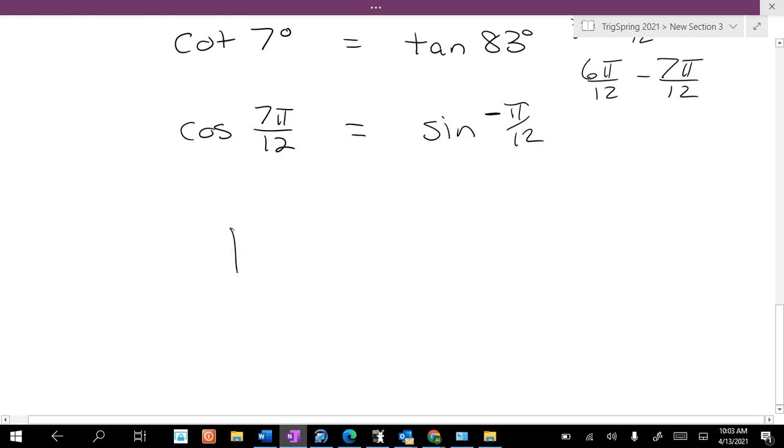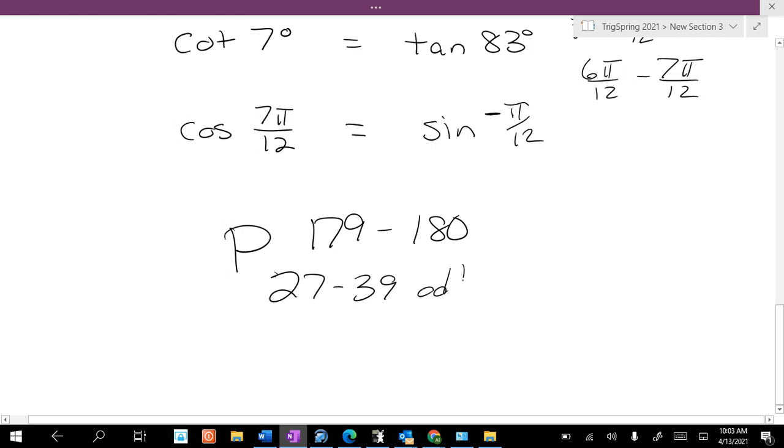But on pages 179 to 180, we're going to be doing 27 through 39, the odds. And then 41 through 48 all.